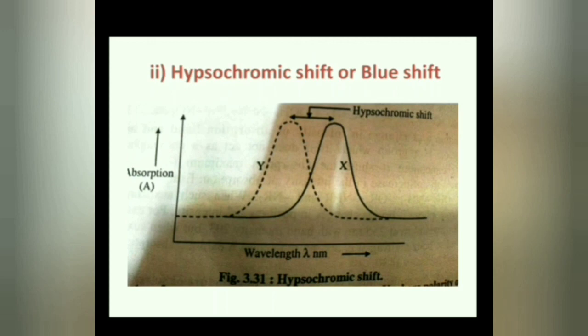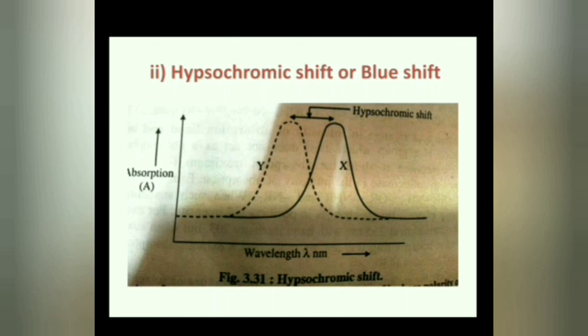But when the same molecule, aniline, is treated with acidic medium, the NH2 group gets converted into NH3 plus and carries a positive charge. It does not give the electron pair to the benzene ring, owing to the absence of the electron pair, and therefore it shows the hypsochromic shift in that particular molecule.